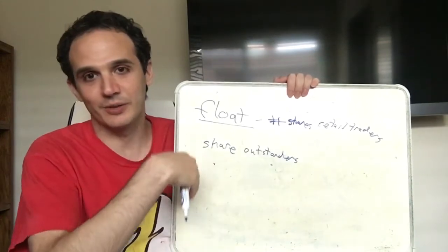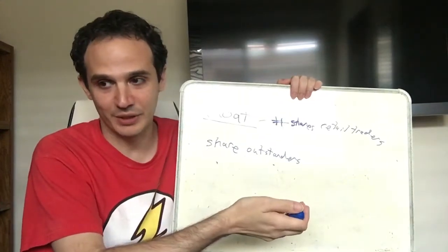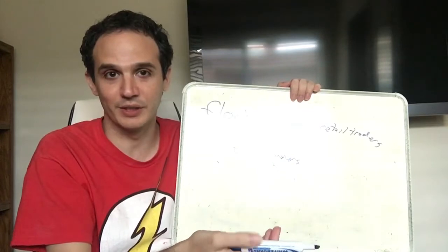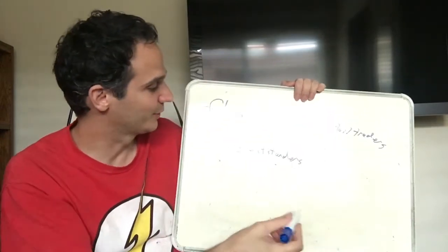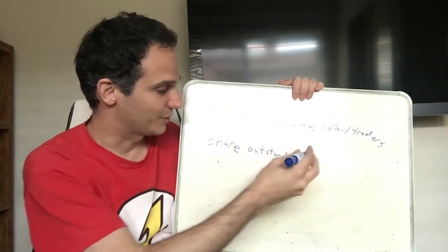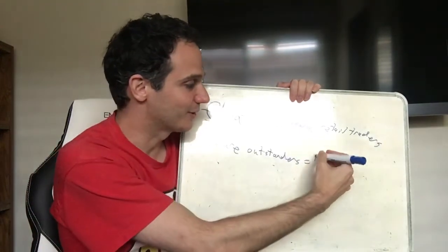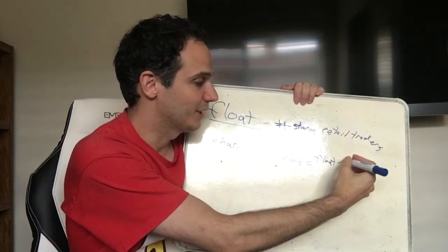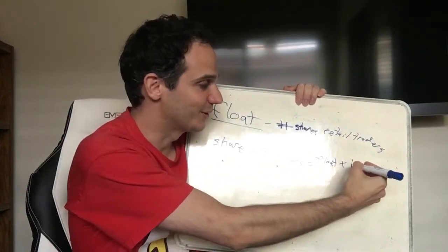They might have shares in the company that people like you and me outside of the company don't have access to. So shares outstanding equals the float plus insider shares.